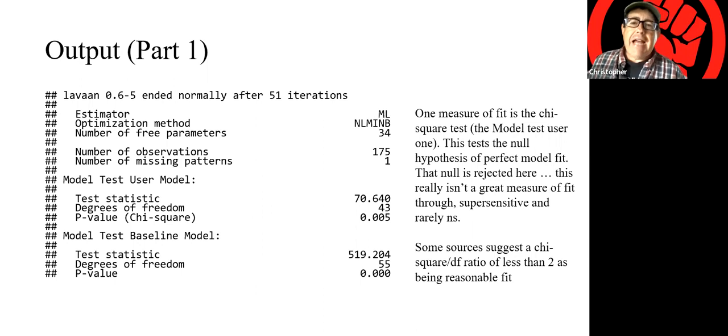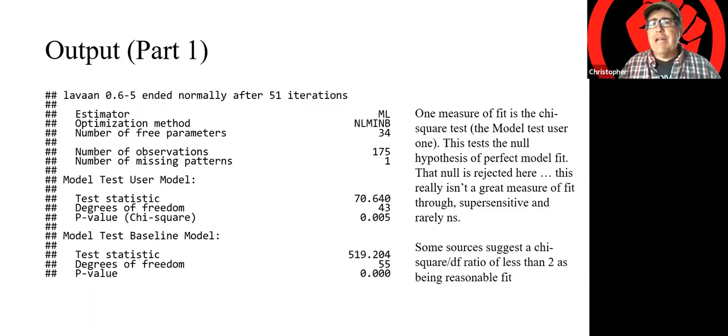What that is addressing is whether your data deviate from the proposed model. Here, rejecting the null hypothesis would mean that your model doesn't fit. Failing to reject the null hypothesis would mean that your model does fit to the data well.